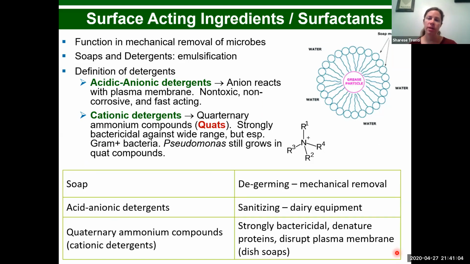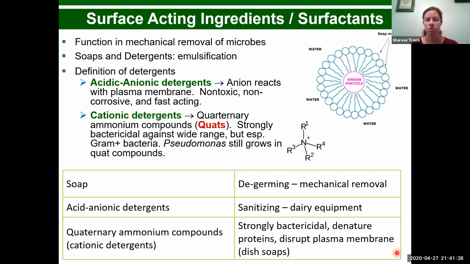And we're also going to look at these surfactants. Surfactants are not so much sterilizing, but they are more going to act by mechanically removing microbes. So when you think of this, think more like soap. The way soap functions, remember, is through emulsification.